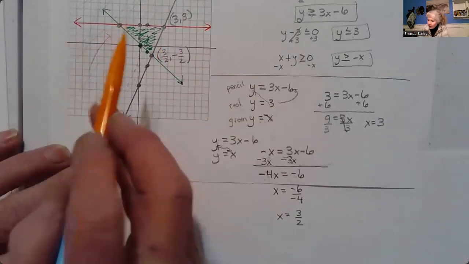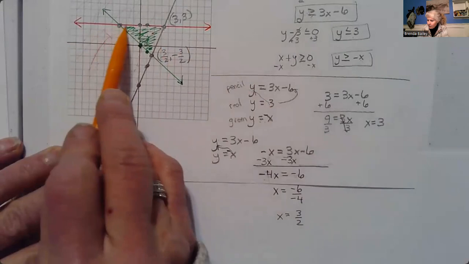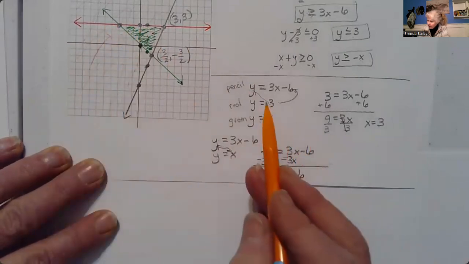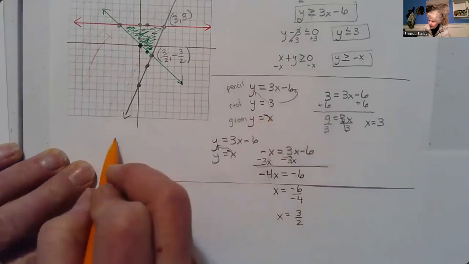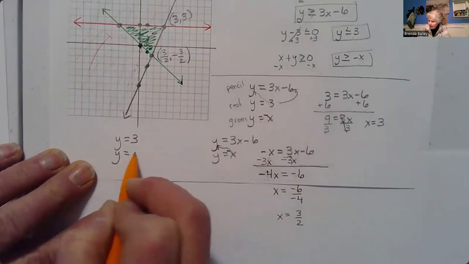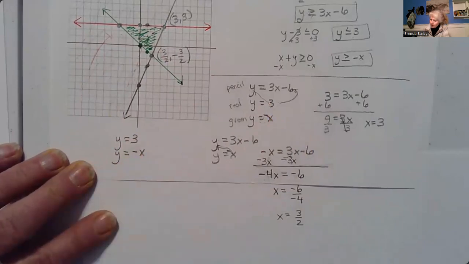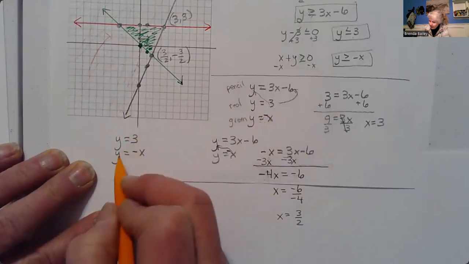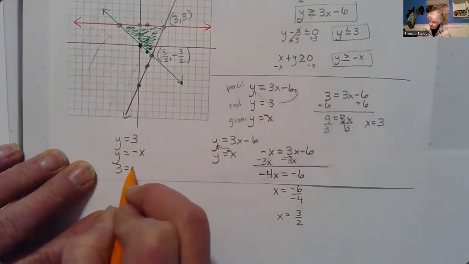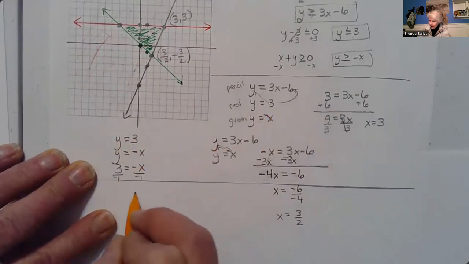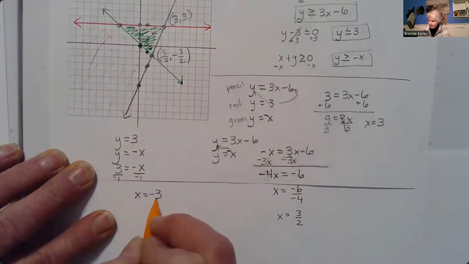And now we're going to go over here and find the intersection of the red and the green. The red and the green are these two, which says y equals 3 and y equals the opposite of x. So here, if y is 3, you could put the 3 in here, divide by a negative 1, x is a negative 3.